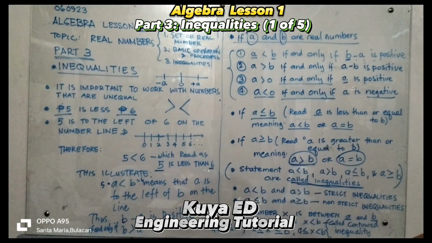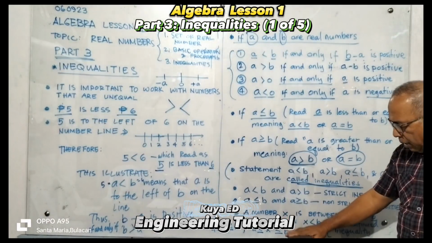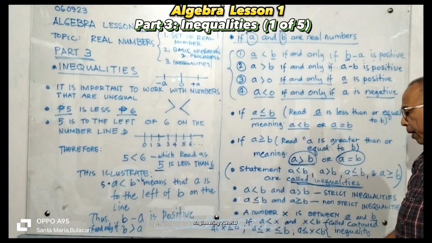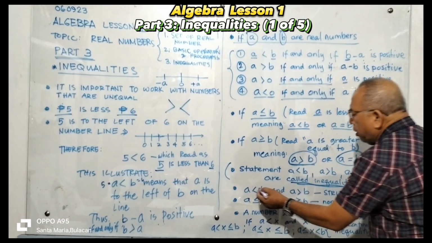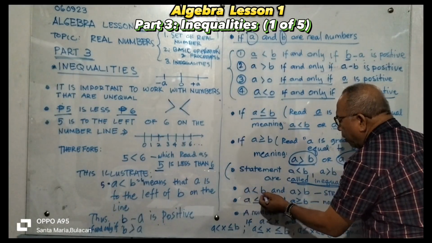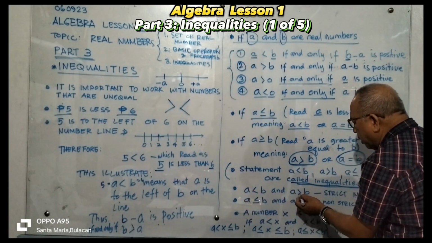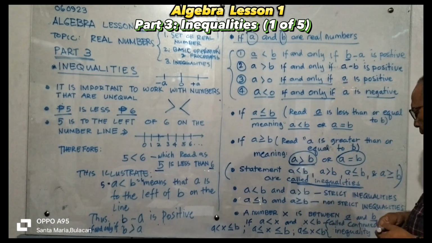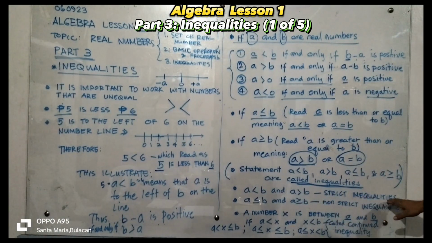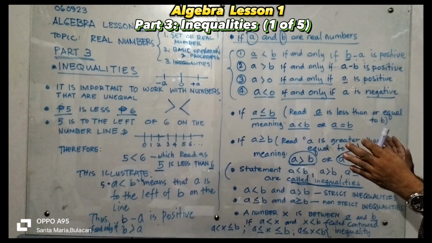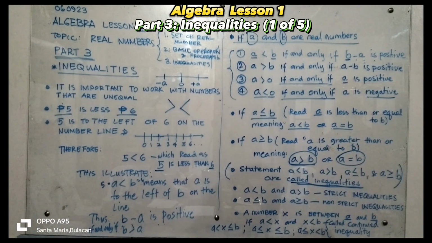Okay? So, we have to classify the kinds of inequalities. Pag nakakita daw tayo ng A is less than B and A is greater than B, ang tawag daw natin yan ay strict inequalities. Wala tayong consideration.